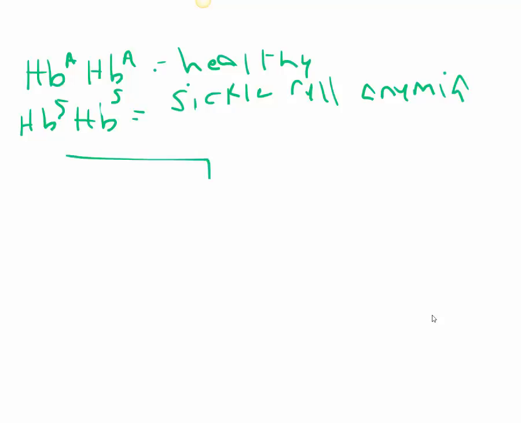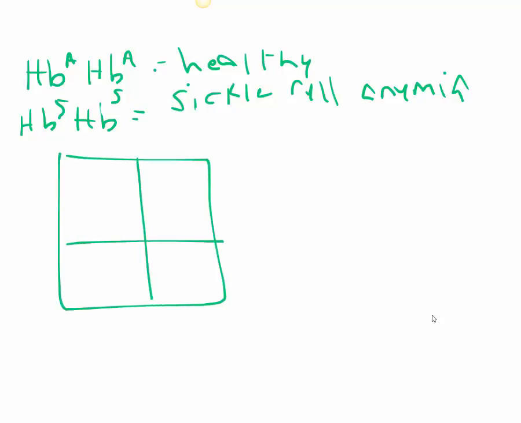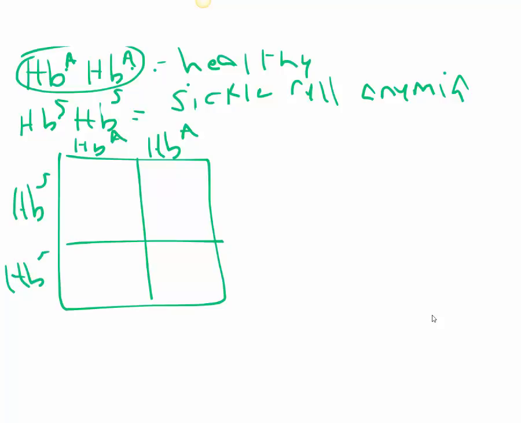So let's do a Punnett Square analysis here. Looking at this parent, let's say this is the father, half the sperm will have the big A, and the other half of the sperm will also have big A, because those are the only 2 alleles that parent has. The same is true with the other parent. They're going to have HbS and HbS because those are the only alleles that parent has.